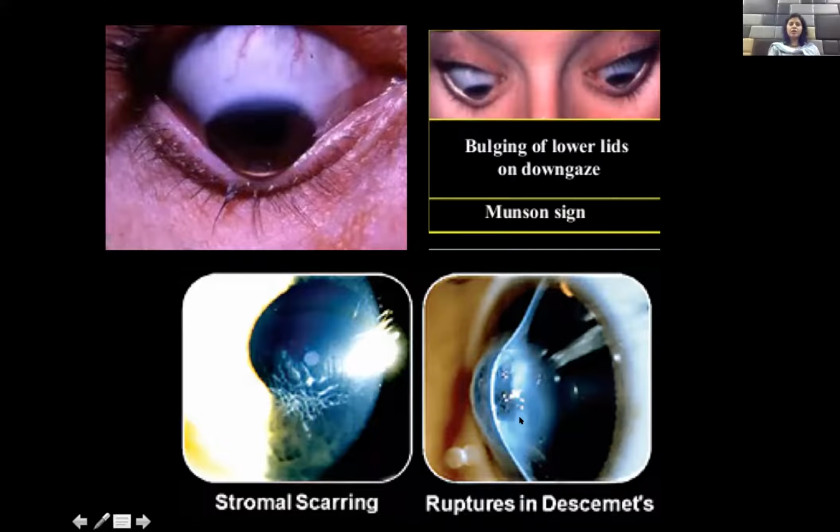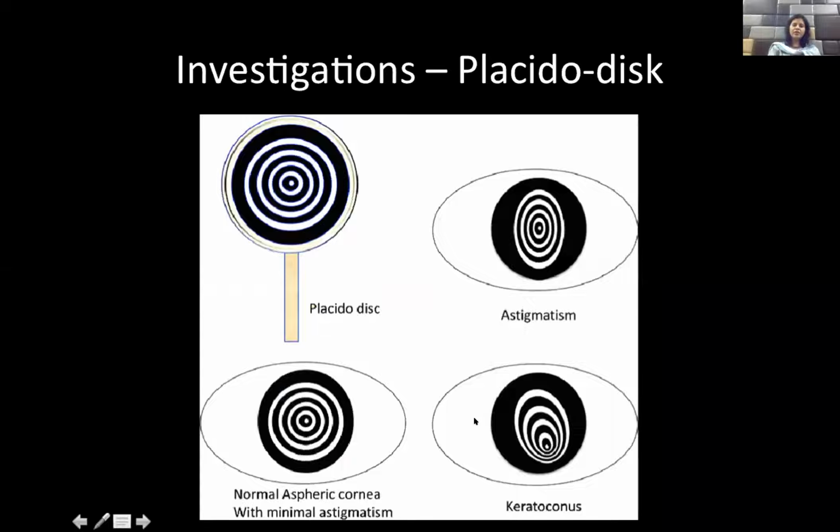So in terms of the investigations, the classical one which was described is the Placido disc. This was used years back, and there are concentric light and dark rings, and then there's this central aperture. So you see the image of this Placido disc on the patient's cornea.